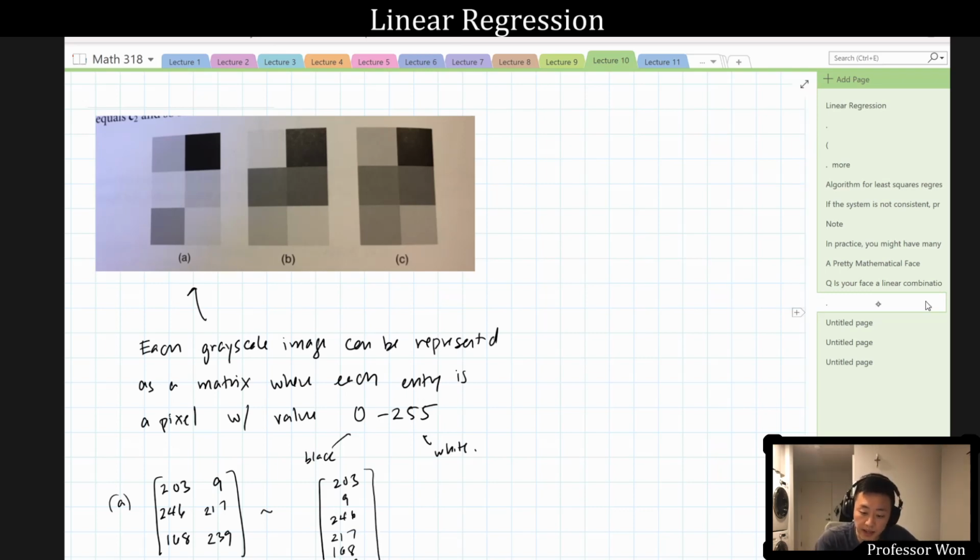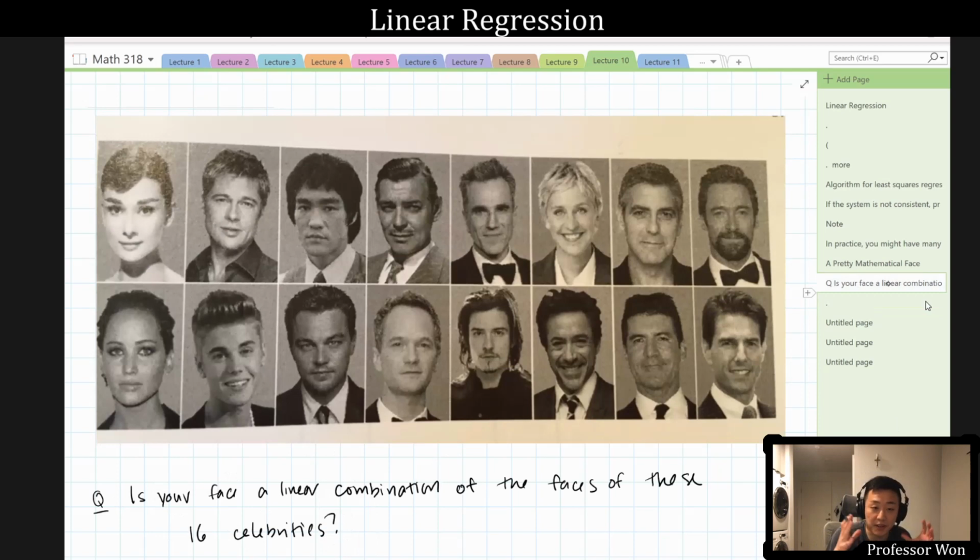Okay, but of course, when you take these celebrity photos, or when I take a picture of your face, these are humongous vectors. These are humongous matrices, right? So each of these, I guess, is supposed to be 600 pixels wide by 900 pixels tall.